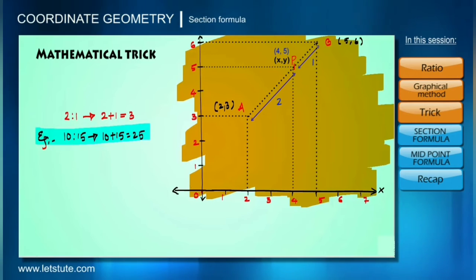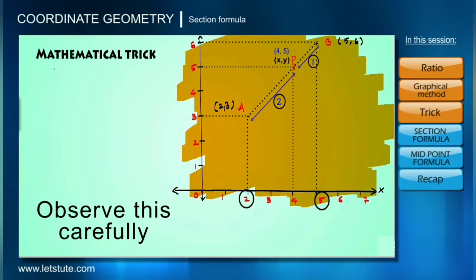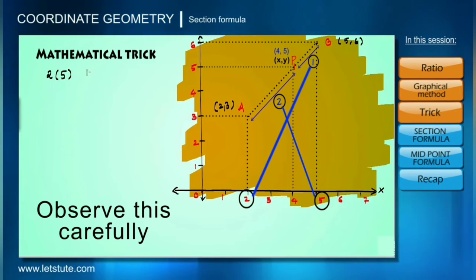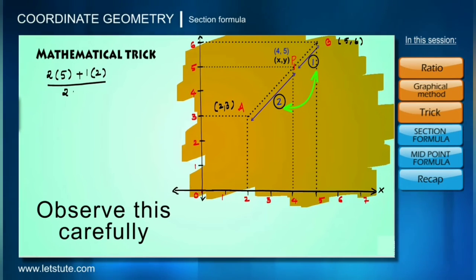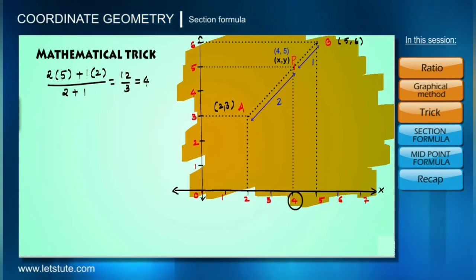Now observe this carefully: multiply the first part of the ratio, that is 2, with the x coordinate of the second point, that is 5, and multiply the second part of the ratio, that is 1, with the x coordinate of the first point, that is 2. Add them and divide by the addition of the components of the ratio, that is 2 and 1. On calculating, we get 12 upon 3, which is nothing but 4, which is the exact value of x for P.